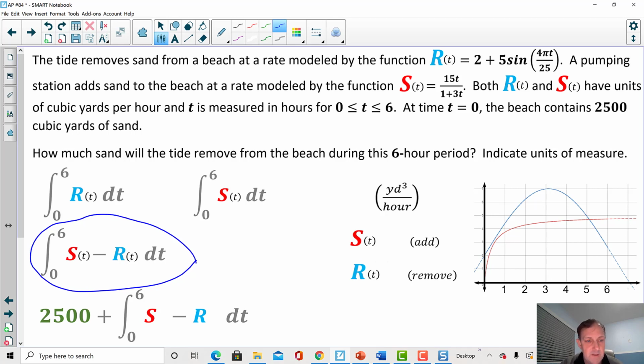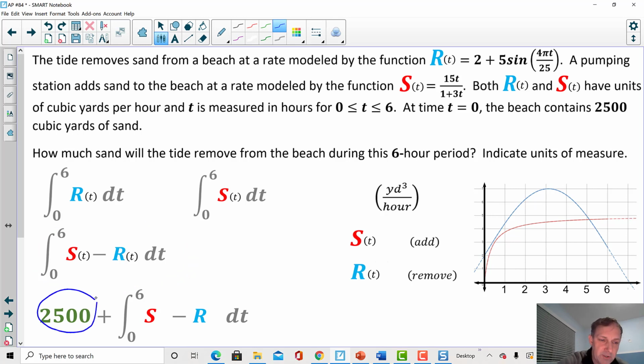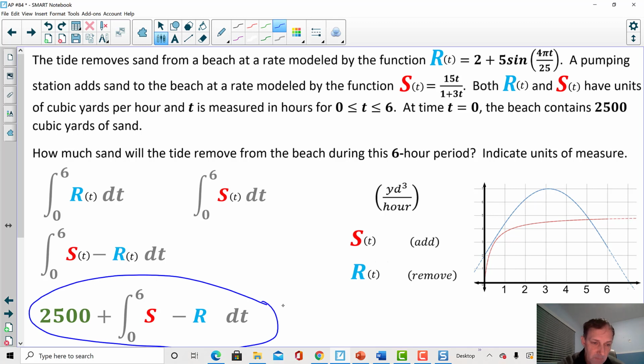If you get negative, it means that it decreased by that amount. But when you add the 2,500 cubic yards of sand, you're adding the starting amount to all the changes. And so if you did these two things together, that's the total change theorem. It will tell you how many cubic yards of sand are on the beach at this time. So it would be when time is equal to 6 hours.